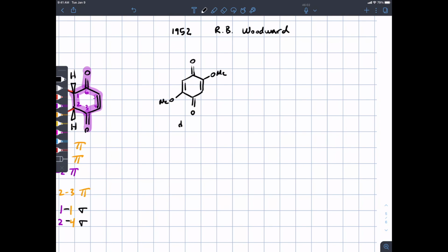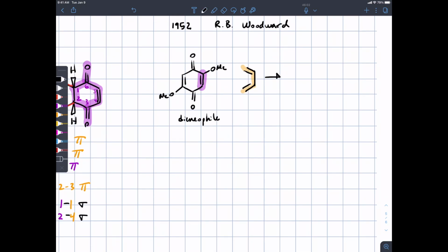This was his dienophile, and here were the two atoms in that dienophile. And then he did a reaction with this diene, and here are the atoms there, and he was able to make the following molecule, and you're going to see the six-membered ring cyclohexene product.